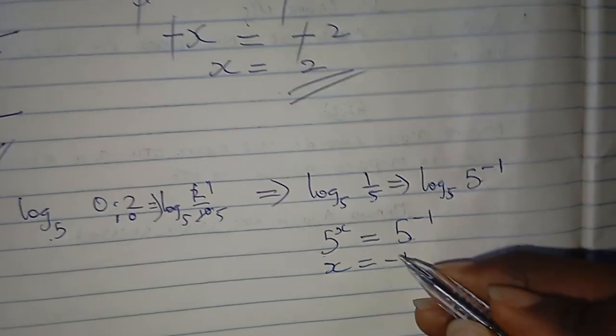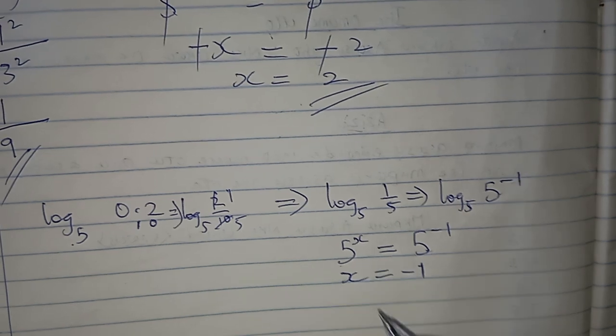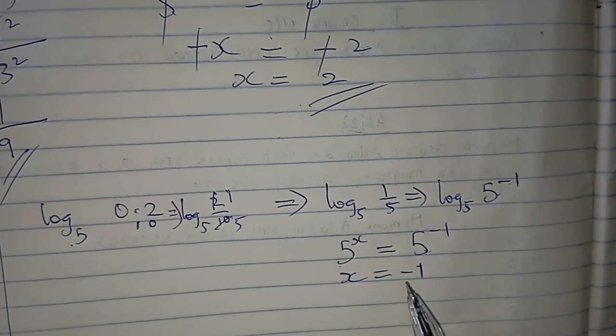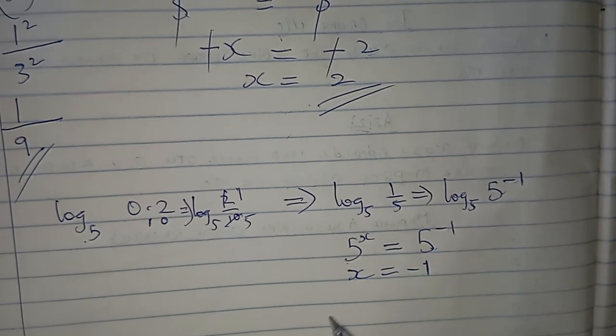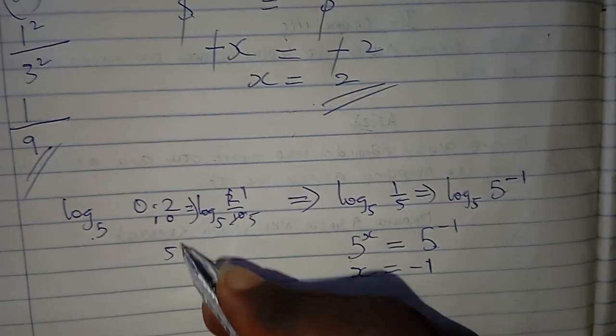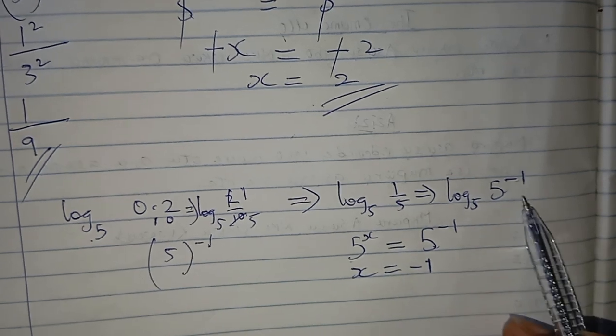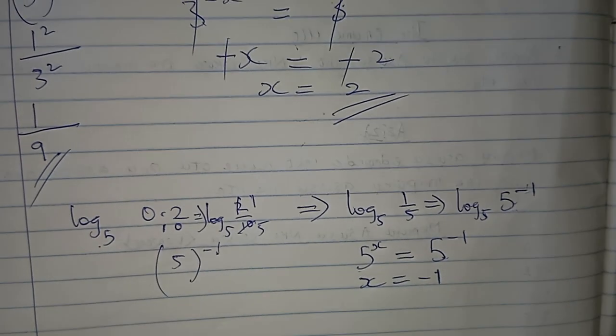So x is equals to minus 1. Let's check if it's true. If I bring out the 5 and carry this minus 1 and put on top of it, 5 raised to minus 1 gives me the same thing. So x is equals to minus 1.